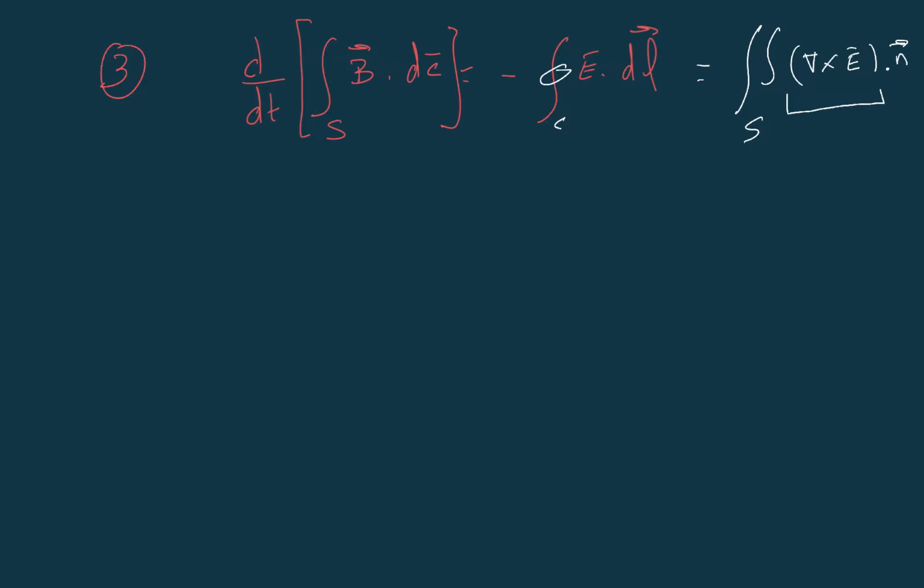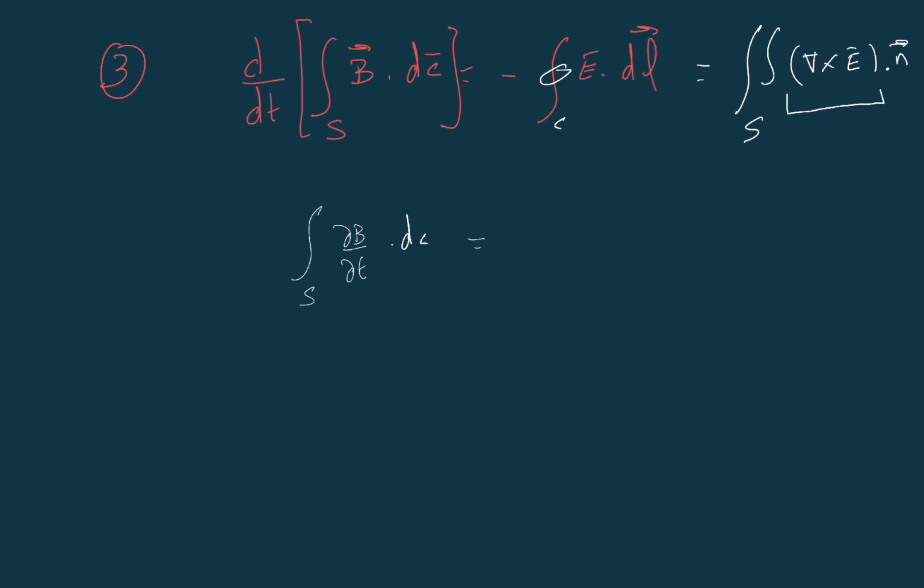So the derivative with respect to time t of the integral of B scalar dA can be written as the integral over the surface S of the partial derivative of B with respect to t times dA.